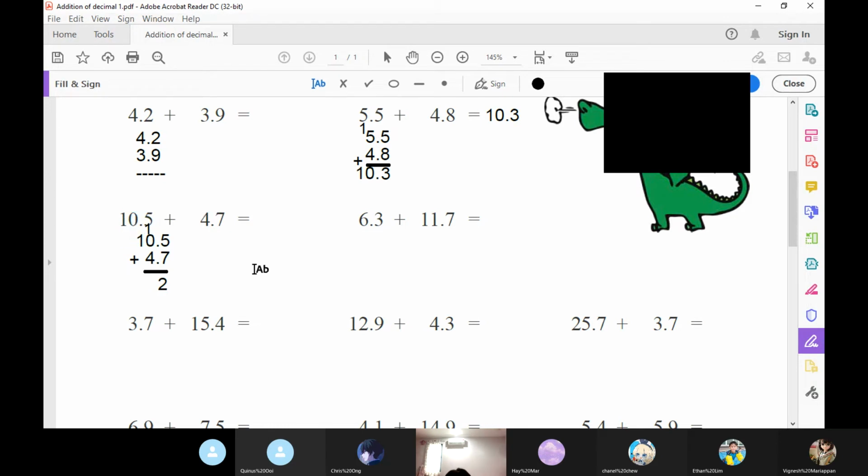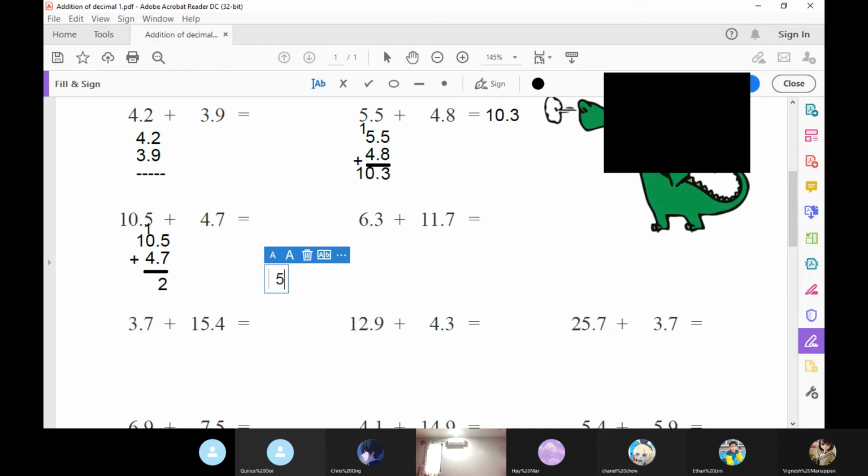Very good. Okay, so 4 plus 1 is equals to? Quinas, respond. 4 plus 1 equals 5. So the 1 just follows.